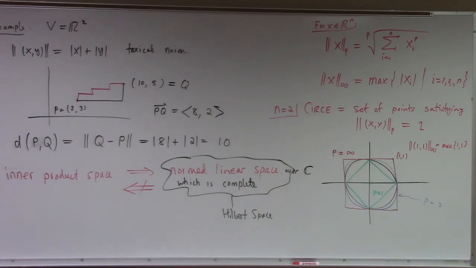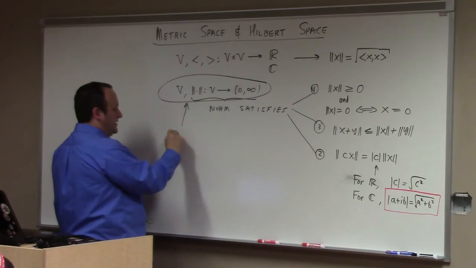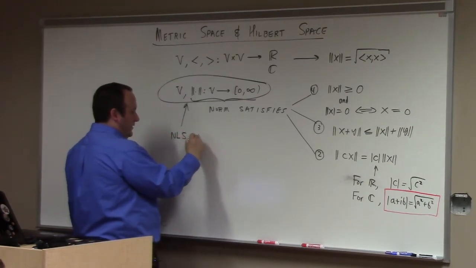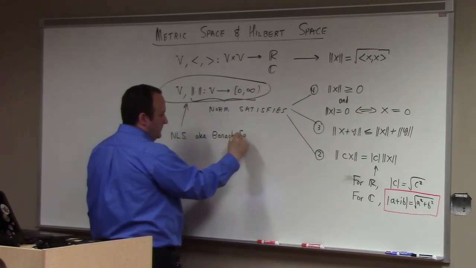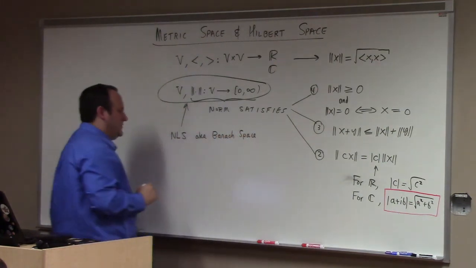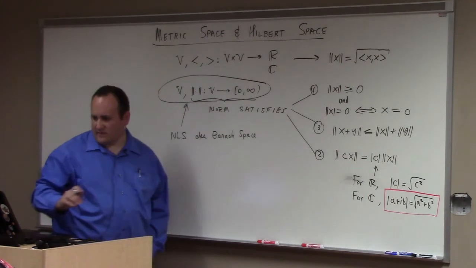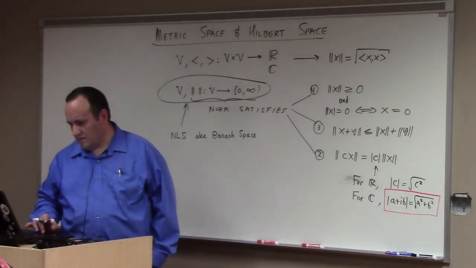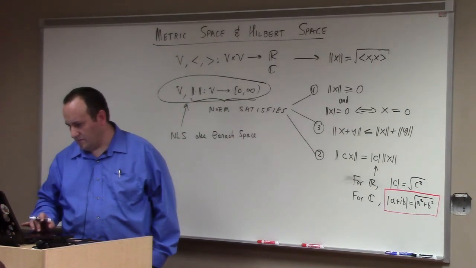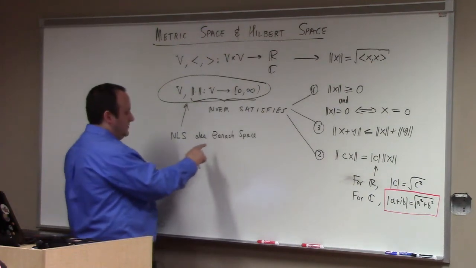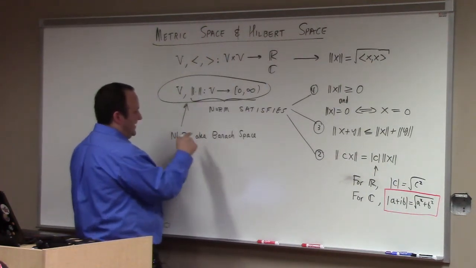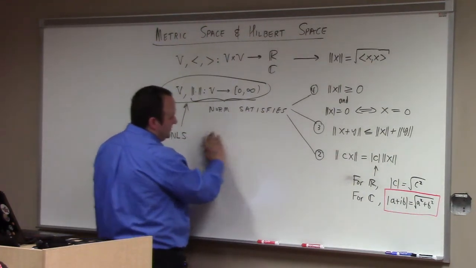If you just have this much, a vector space paired with a norm, this is called a normed linear space, or NLS. Well, I think Banach space. No, I'm still messing it up. Banach space is a complete normed linear space. A normed linear space does not assume completeness.